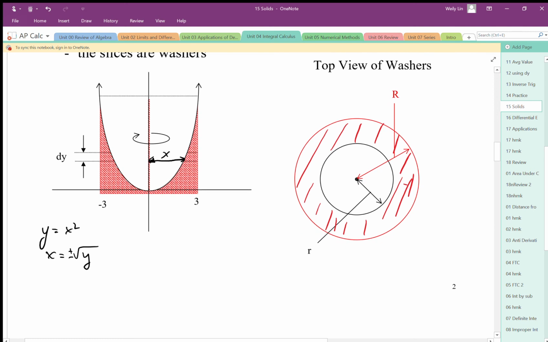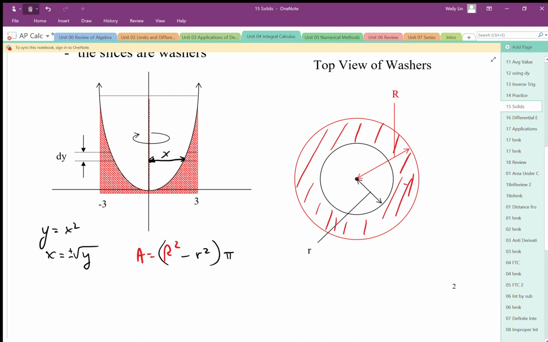So then it looks like it's going to end up looking like this. So the area is going to be the big R squared minus little r squared times pi. Okay, so pi r squared big circle, minus pi r squared small circle is going to give us this cross-sectional area.